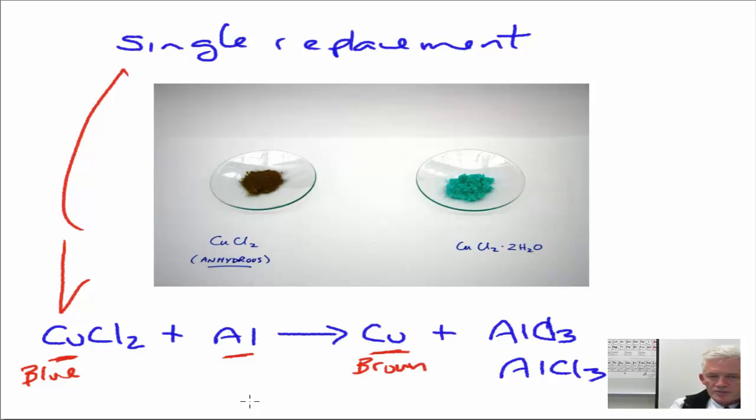And yeah, so what we're noticing here is that the ions in this solution, and the ion actually is a Cu2+ ion, and this ion, aluminum 3+, is going to replace copper 2+.